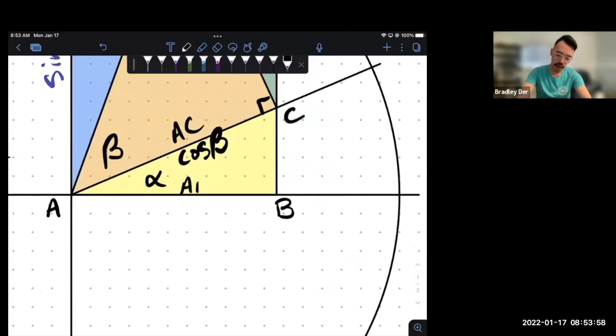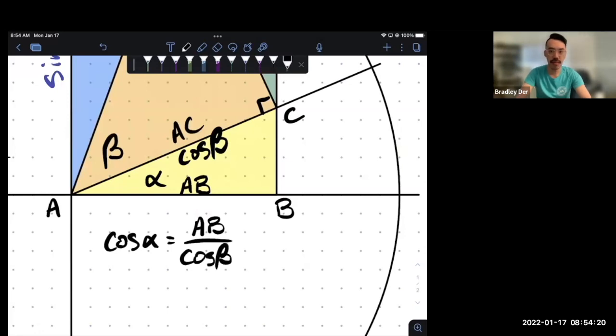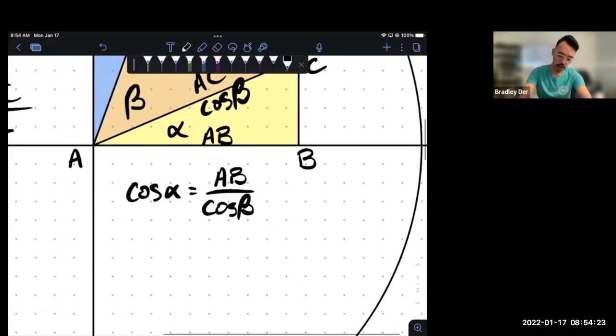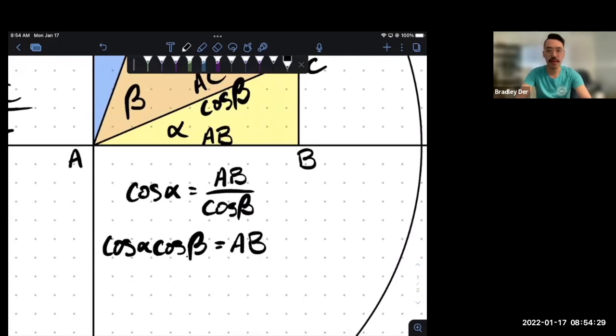If I wanted the length AB, and I already know the angle alpha, then this is cosine again, because AB is the adjacent side to our angle alpha. So cosine of alpha is equal to the adjacent side length over the hypotenuse. We just found that the hypotenuse had a length of cosine beta. You multiply it out, and you're going to find that the length AB equals cosine alpha times cosine beta.